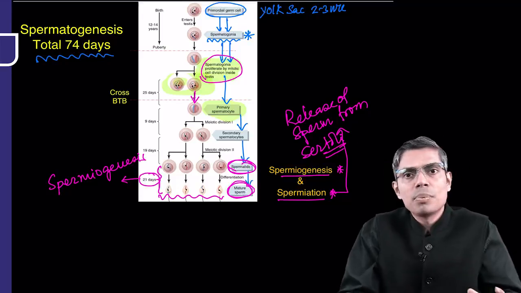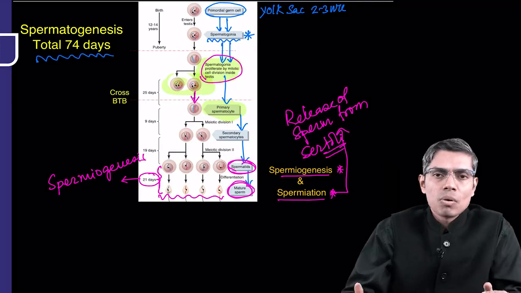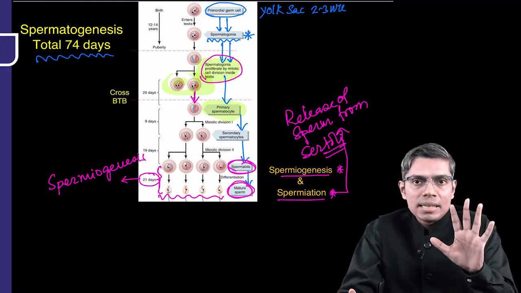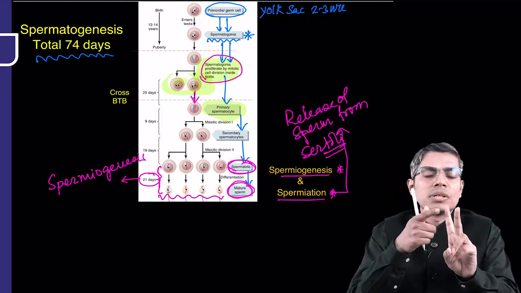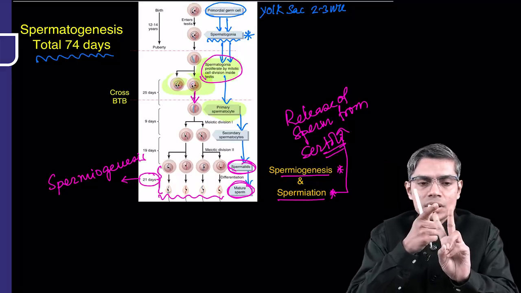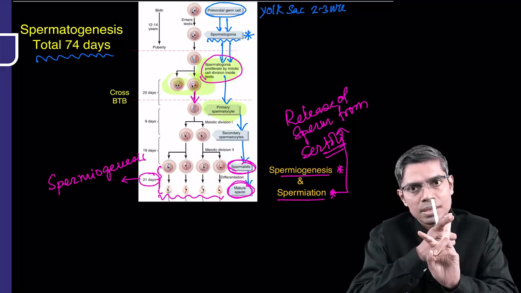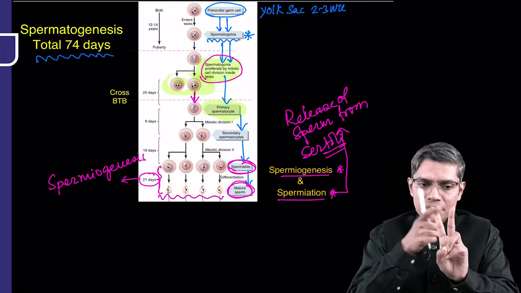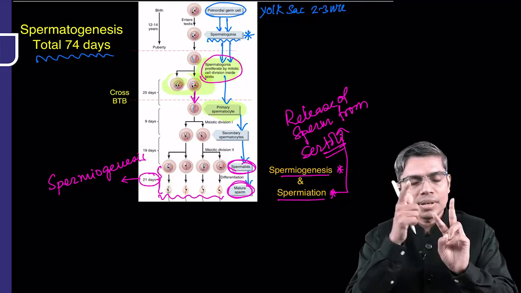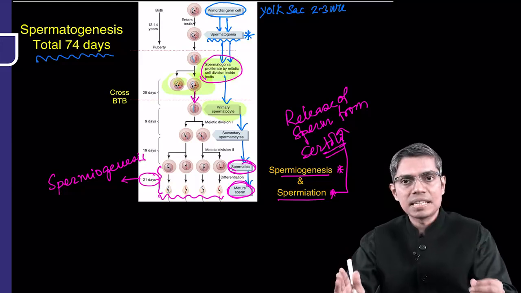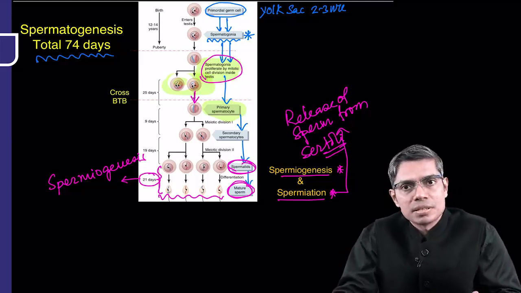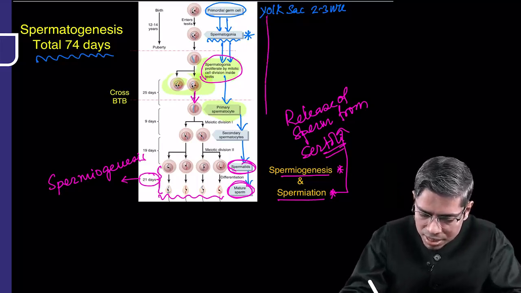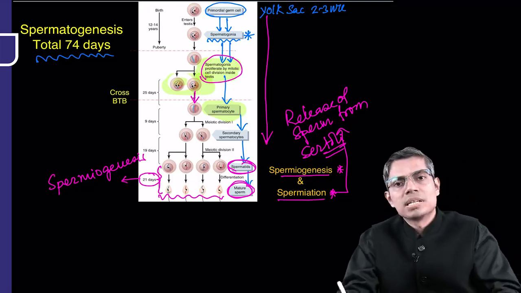Now during this whole process of spermatogenesis, what are the hormones that you require? Bottom line of this is that you have to remember two major hormones. One is FSH and one is testosterone. Third hormone is the estrogen. But first of all, you remember FSH, and second one is the testosterone. If I ask you which FSH acts in which stage of this spermatogenesis, your answer will be FSH is required for the early development of this spermatogonia cell.